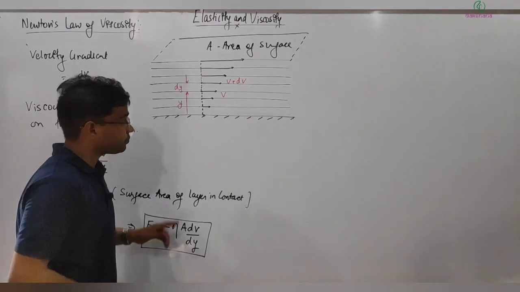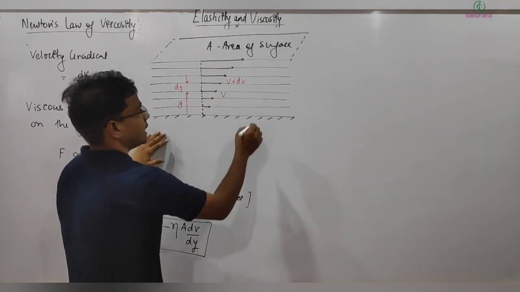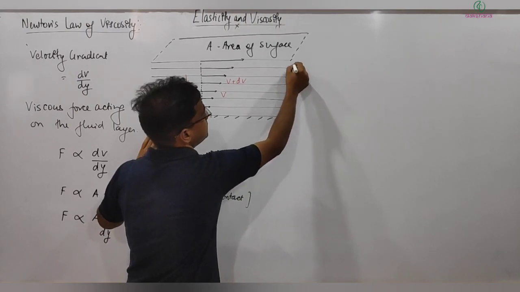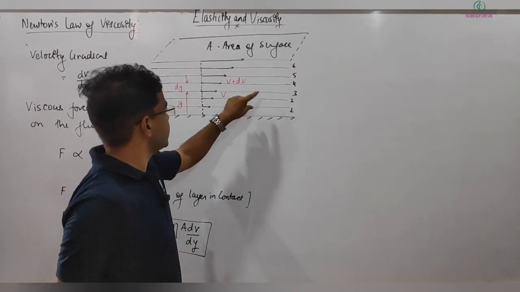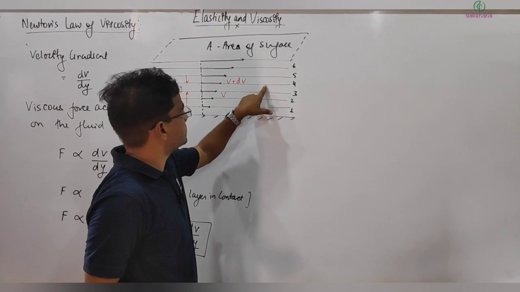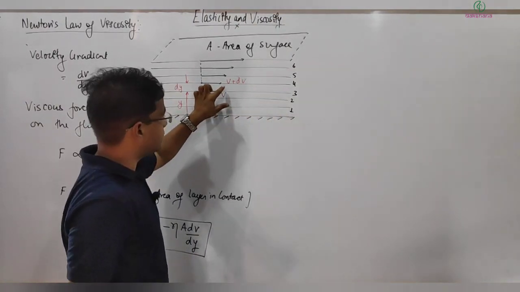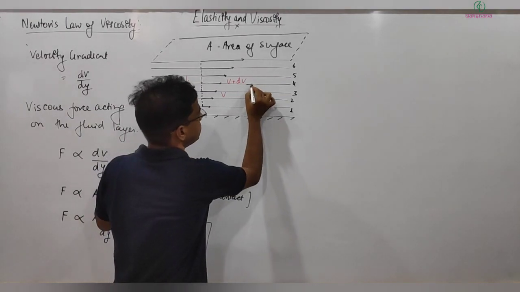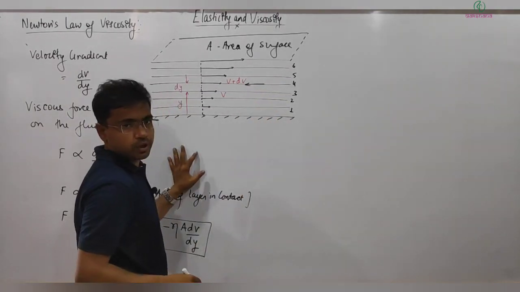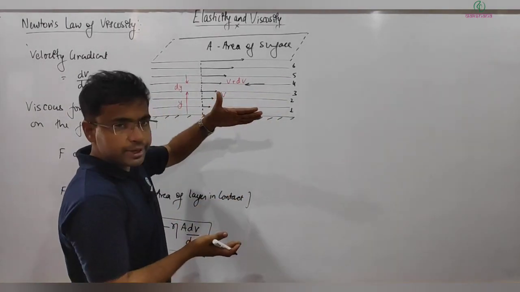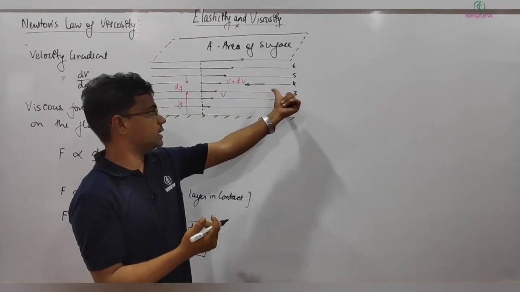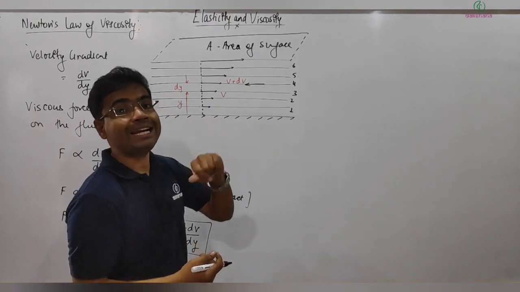So you can understand, if let's say this is layer 1, this is 2, 3, 4, 5, 6, so when I am calculating at layer 4, then on layer 4 due to layer 3, the force on layer 4 will be in this direction. So on the upper layer the force will be opposing; the motion of this layer is in the forward direction, then the force will be acting backward and tangential.